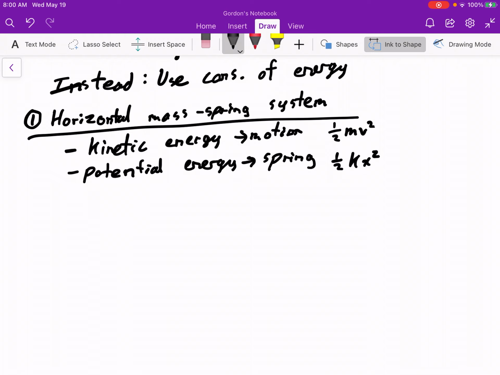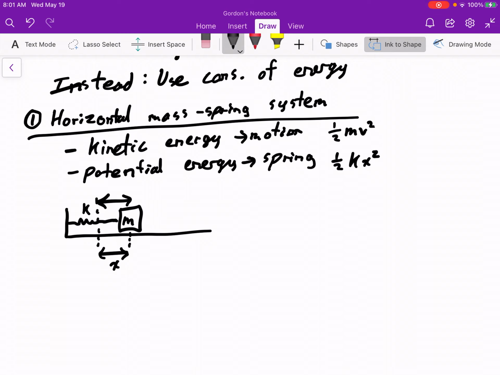As our spring mass system oscillates back and forth, the kinetic energy and the potential energy are going to be transformed into one another, back and forth and back and forth. Let's say we stretch an object out some distance, x.